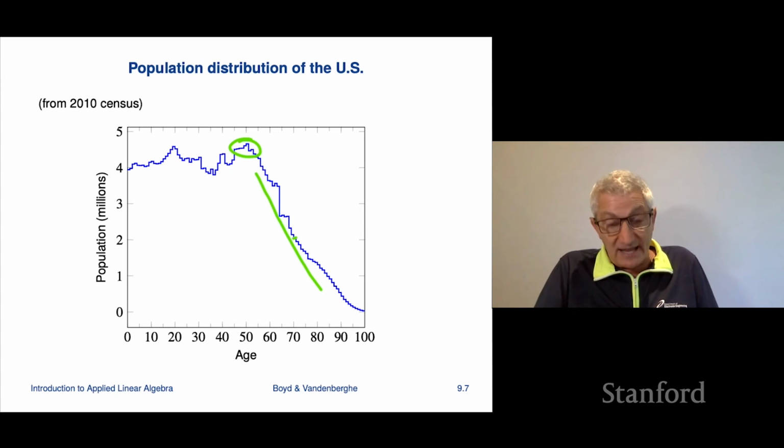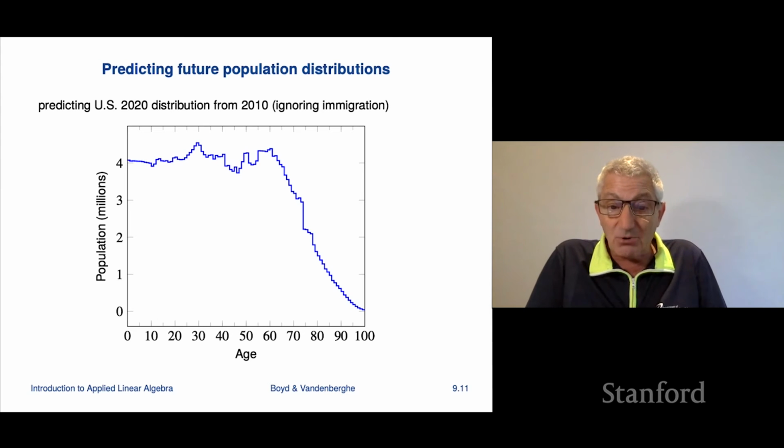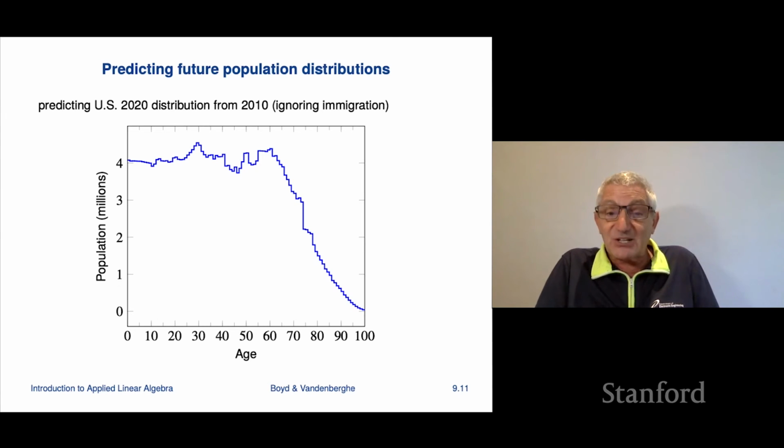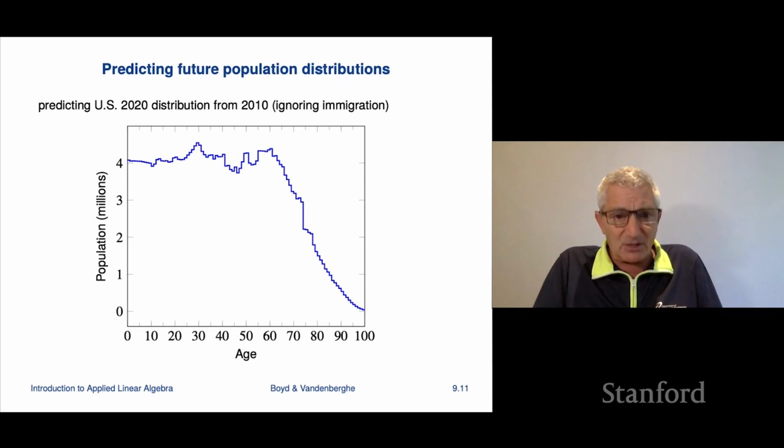That gives us the 2011 distribution. By the way, not the exact distribution, but our model's prediction of it. Then I multiply by A again, ten times in all, and I get this. That is our prediction of the 2020 distribution, ignoring immigration and emigration.